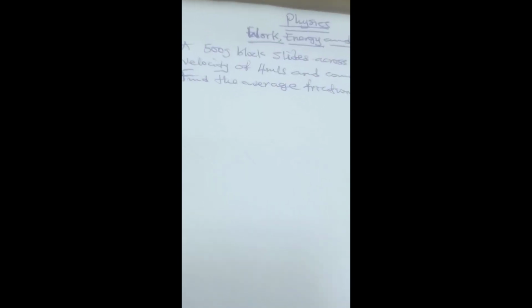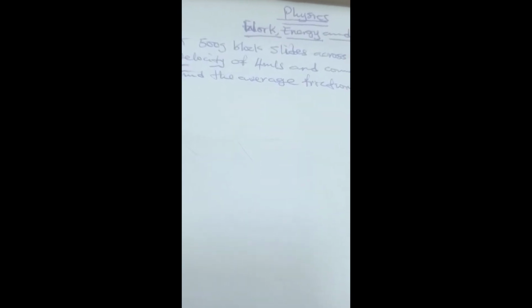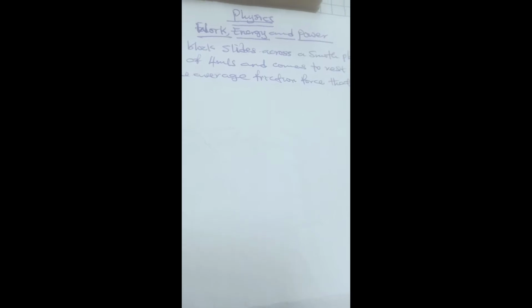Now, the question says a 500-gram block slides across a smooth plane top with an initial velocity of 4 meters per second and comes to rest in a distance of 8 meters. The question asks us to find the average friction force that retarded its motion.